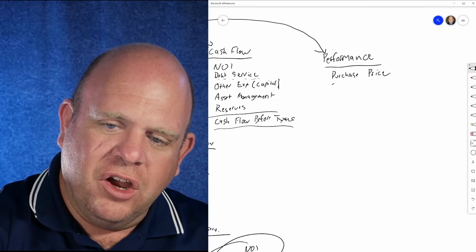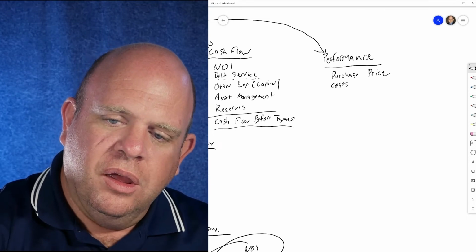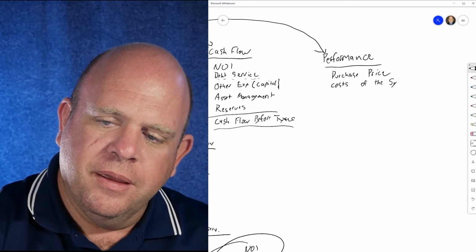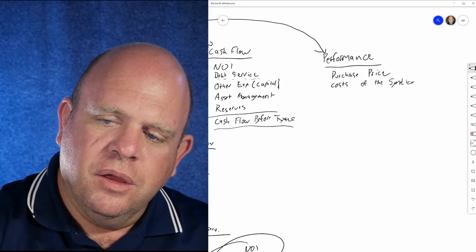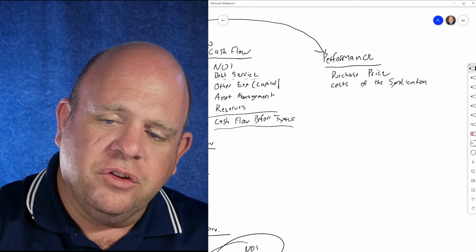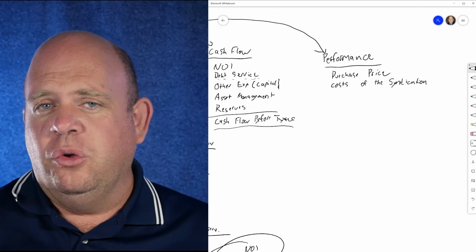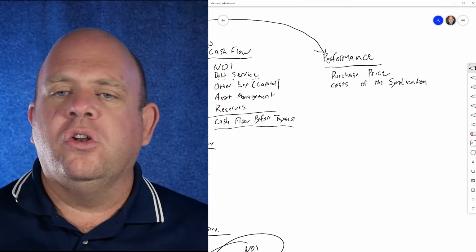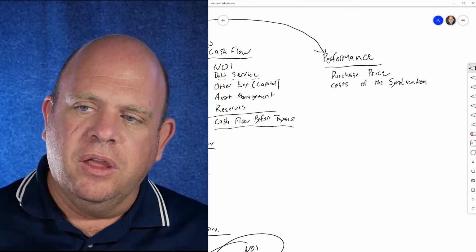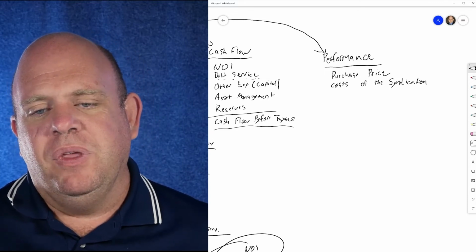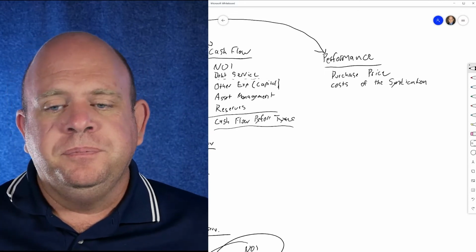Then we've got the costs of the syndication. These are things that we talked about in terms of fees, like do you have an acquisition fee? Or do you have a finance fee? Or things like that in order to get it done and forward.